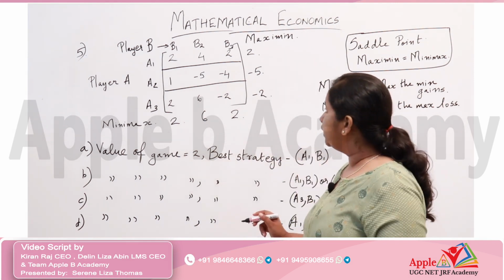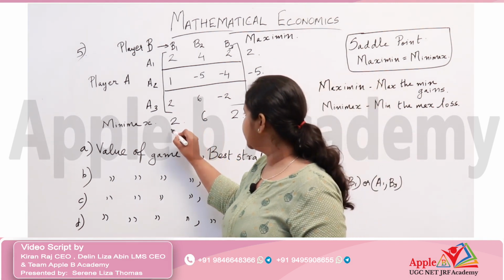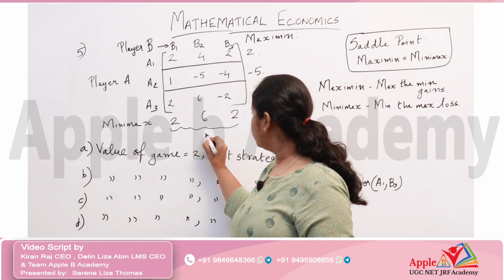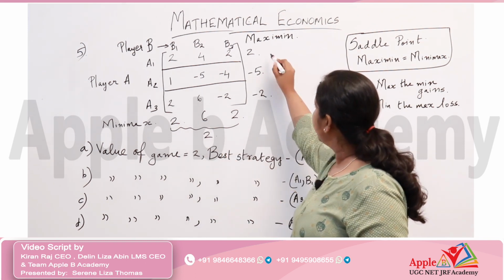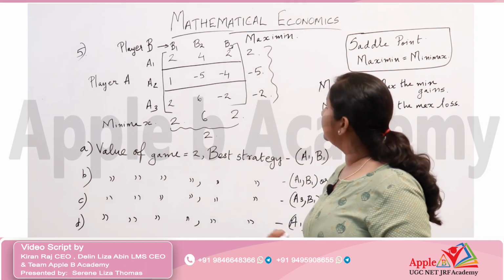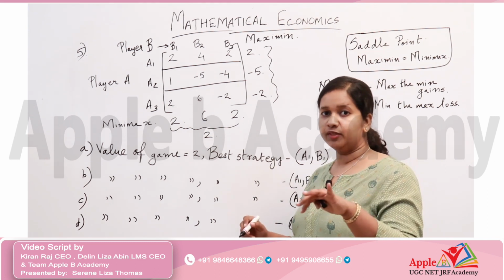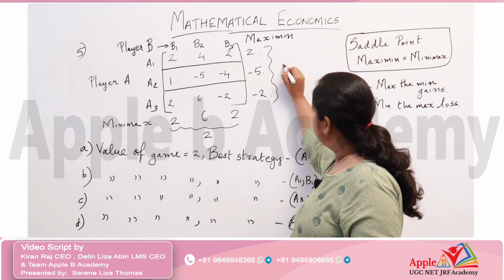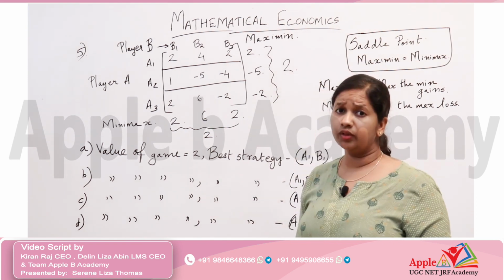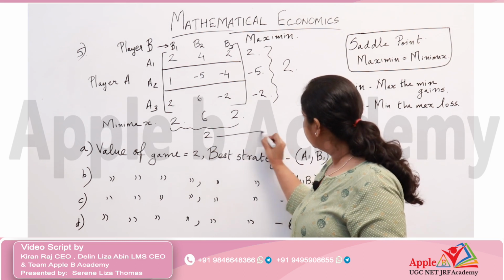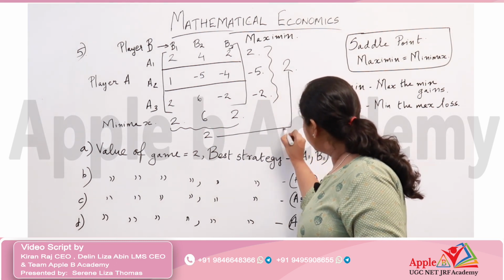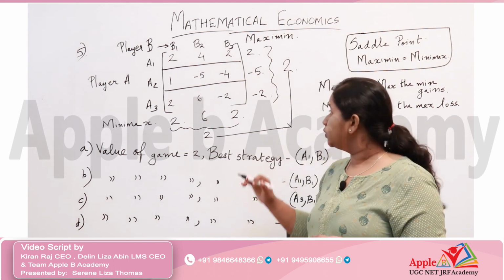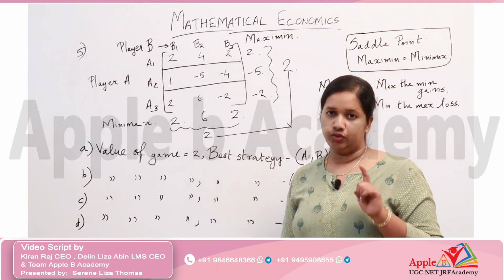So, we need to take the minimum value from these, and the minimum value is 2 here. And from the row minimums, we need to take the maximum value, and here the maximum value is 2. So, we can see that minimax and maxi-min, these two values become equal at the point 2.